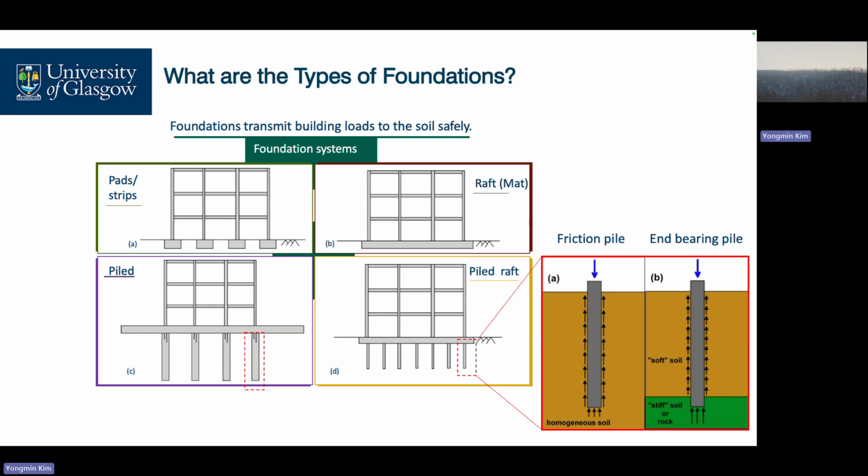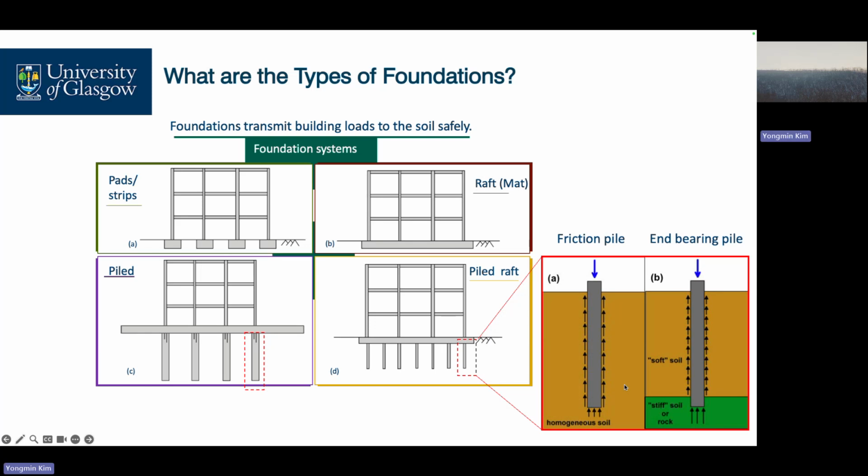And when you take a look at one single pile, it looks like that. The blue arrow is our vertical loads, self-weight and live load.